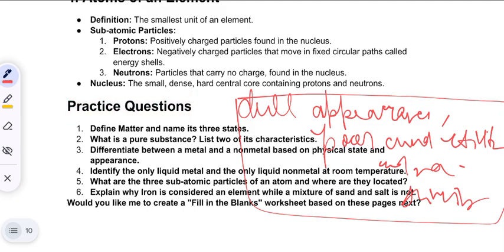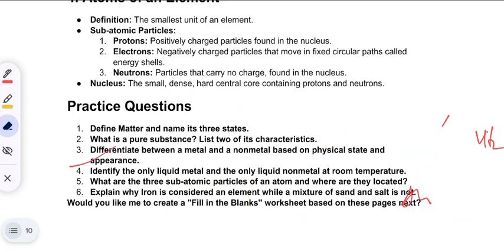Now let's see the fourth question: identify the only liquid metal and the only liquid non-metal at room temperature. If we talk about the liquid metal, which is liquid at room temperature, it will be mercury.